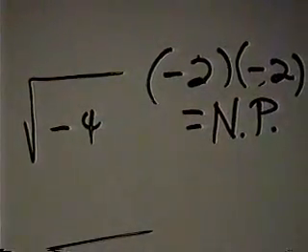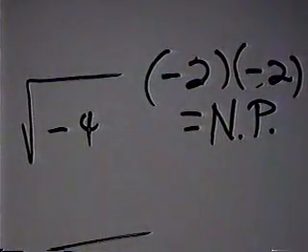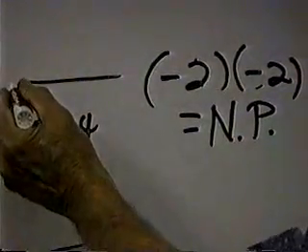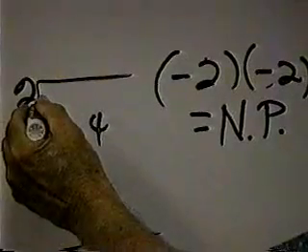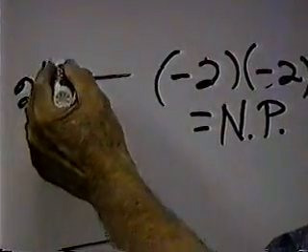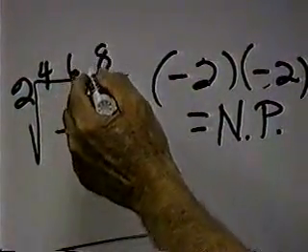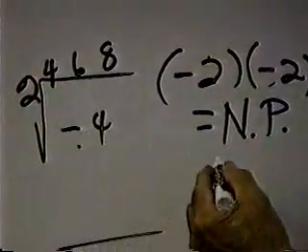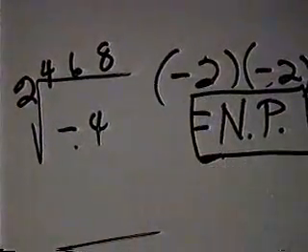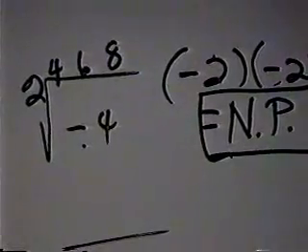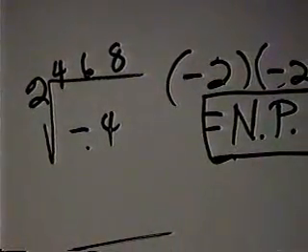Now you can do a cube root, so we'll look at it later, but you cannot do an even root. If this is an even index, a 2, a fourth root, a sixth root, an eighth root of a negative number is not possible. Just memorize that. Don't get caught with it.